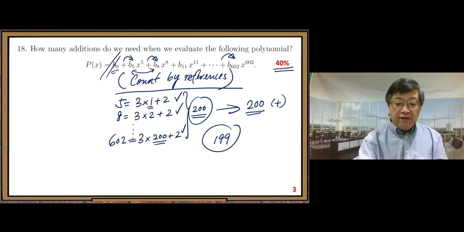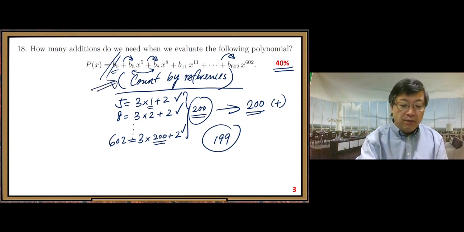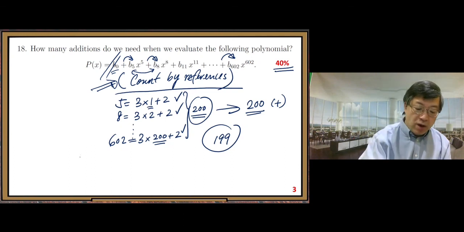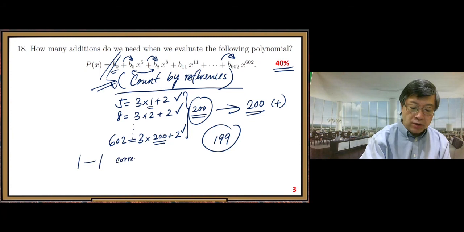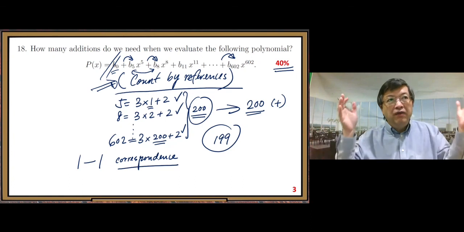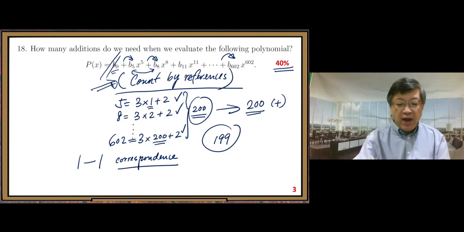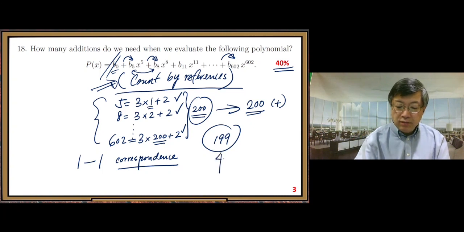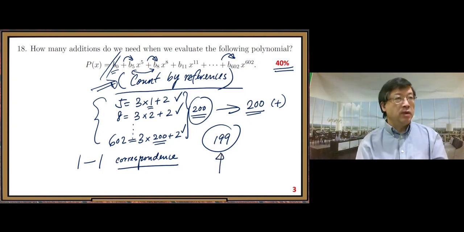If you use the view count by reference, you know, one-to-one correspondence, you need to establish one-to-one correspondence. What is your one-to-one correspondence? You identify that. Then you count these numbers. Then you won't miss it. So that is the most common mistake.